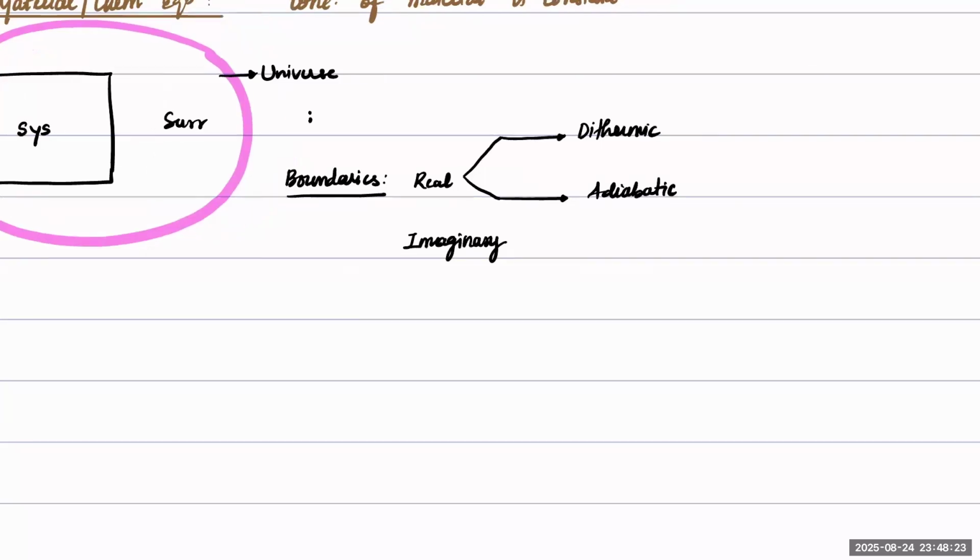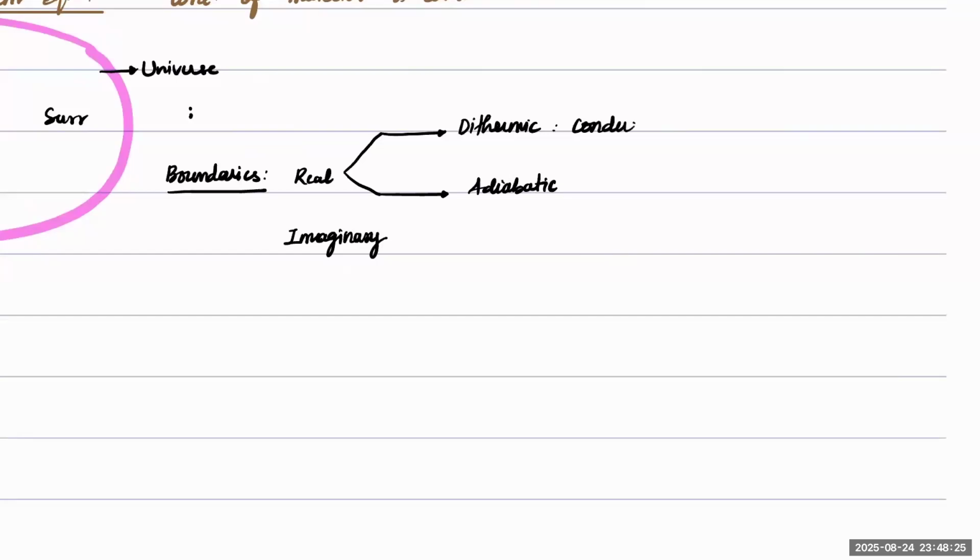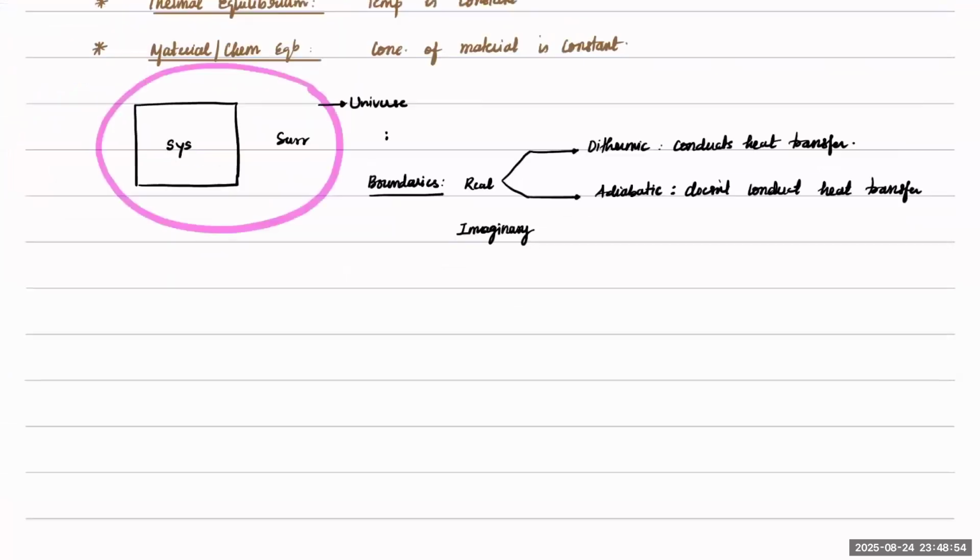Diathermic means which conducts heat. The material or the wall that is being made by the material is something which can conduct the heat, or here it does not conduct heat transfer, and here it conducts heat transfer. That is the other simple difference about boundaries.